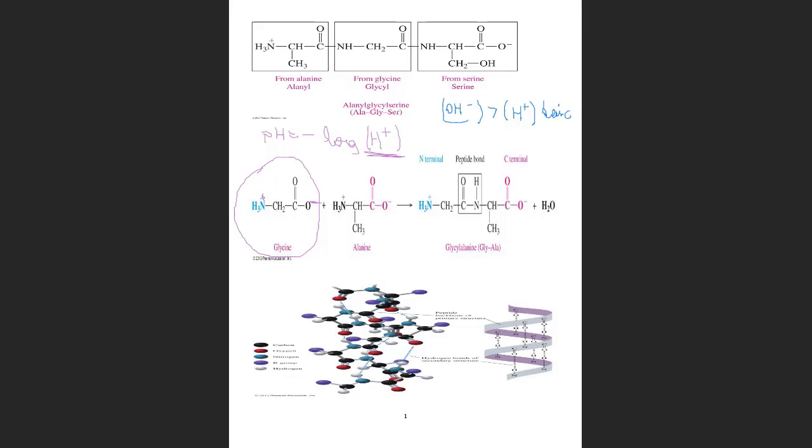The OH will combine with one hydrogen in the ammonia, and instead of glycine with NH3 plus, you will have NH2 and here COO minus.